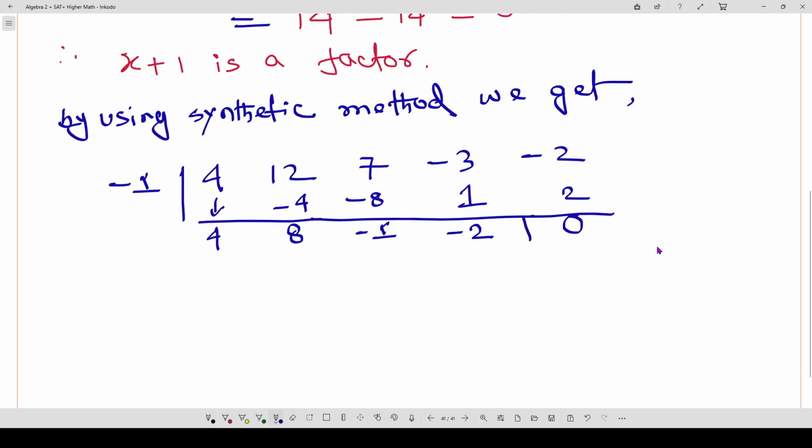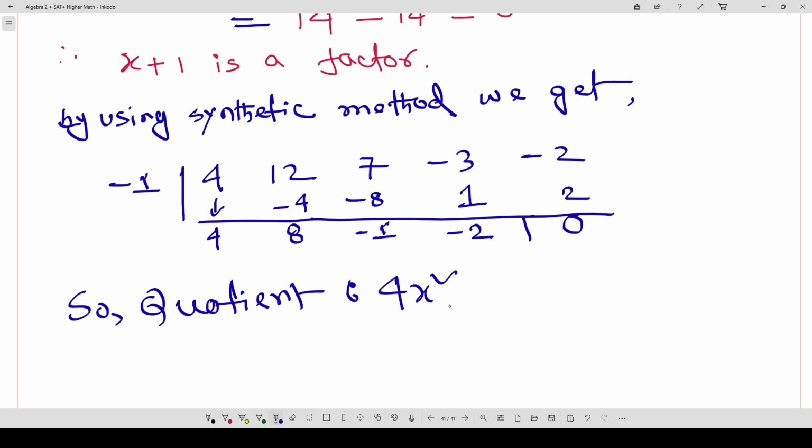Once we get 0, so now what will be our expression? So the expression will be like the quotient is here a 4, it means 4x cube.